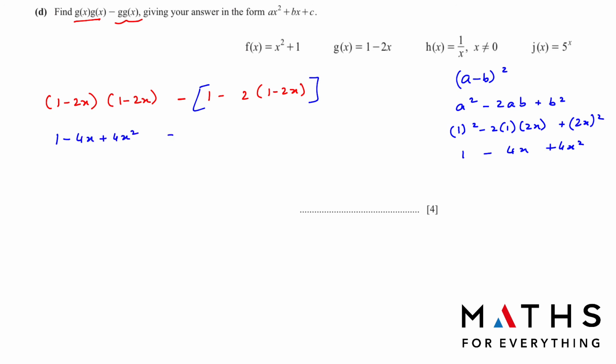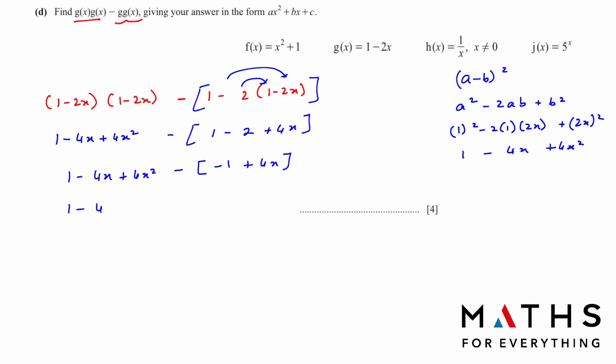If you don't know how to expand this way, you can do the normal expansion. 1 multiplied by 1, 1 multiplied by negative 2x, then negative 2x multiplied by 1, and negative 2x multiplied by negative 2x. When you simplify, this is the answer you're going to get. 1 minus 2, negative 2 multiplied by 1 will give us negative 2, and negative 2 multiplied by negative 2x will give us positive 4x. 1 minus 2 is negative 1 plus 4x.